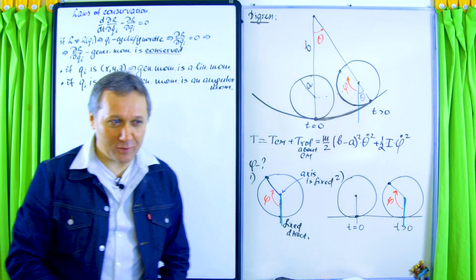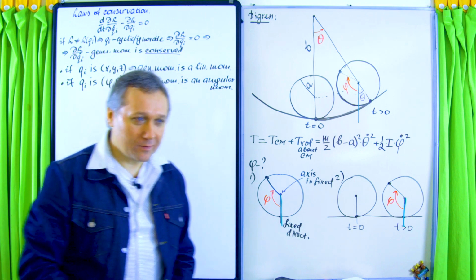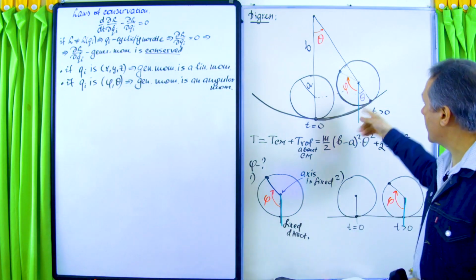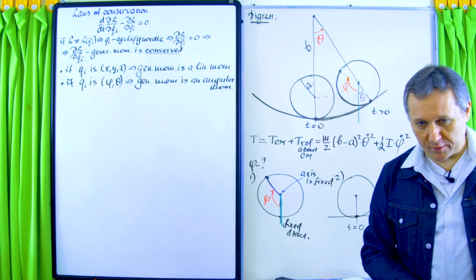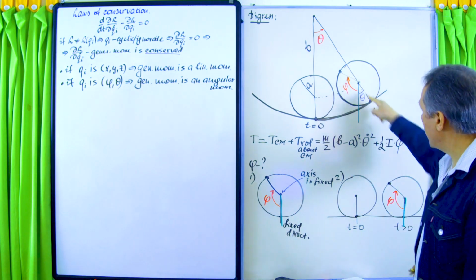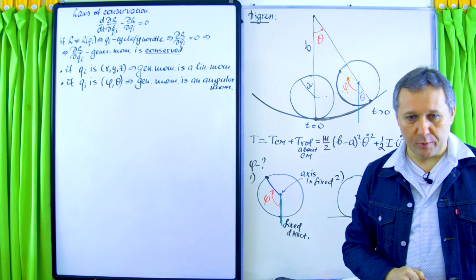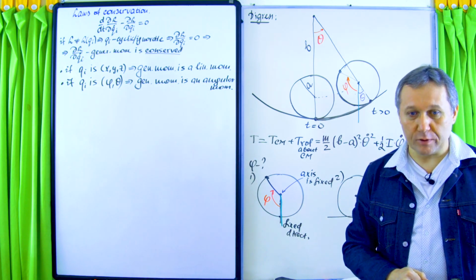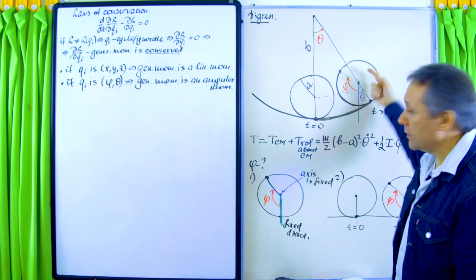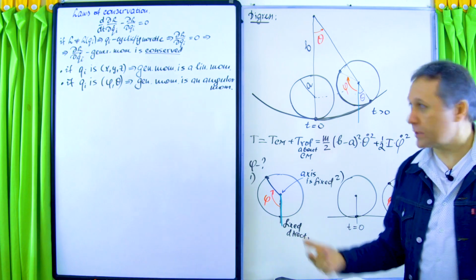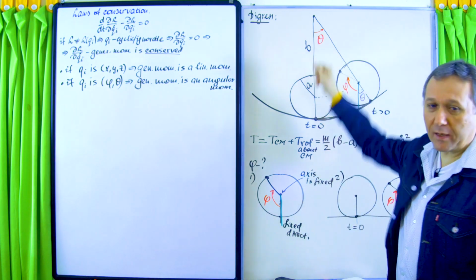So that's the problem: how we should measure angle phi. Don't measure it from the direction which goes through the point of contact, because that direction is by itself also turning all the time, and that rotation is described by theta dot.